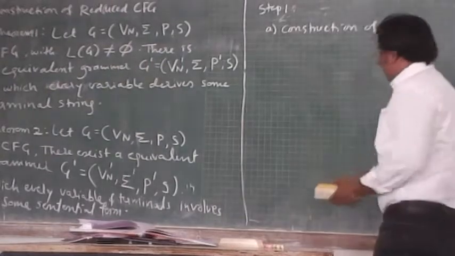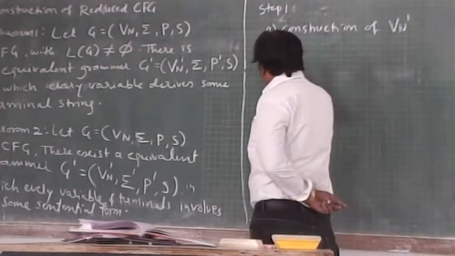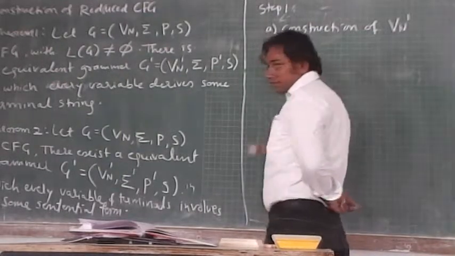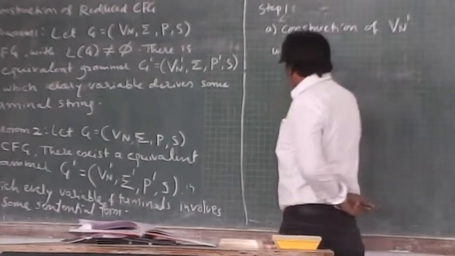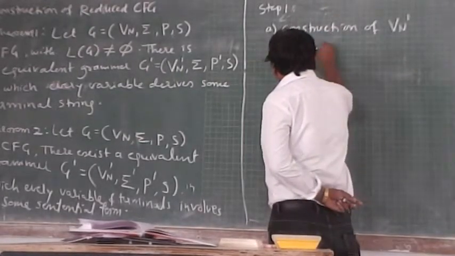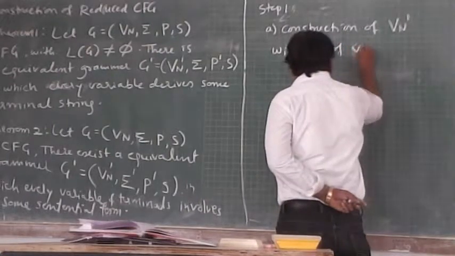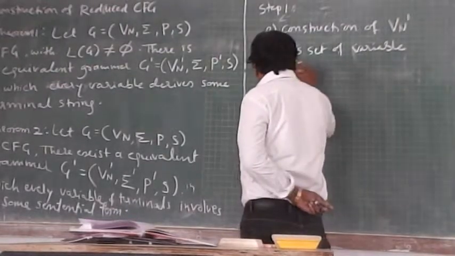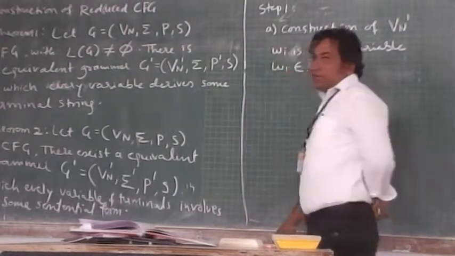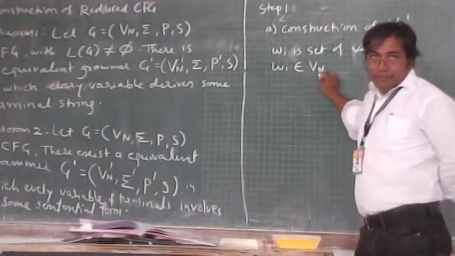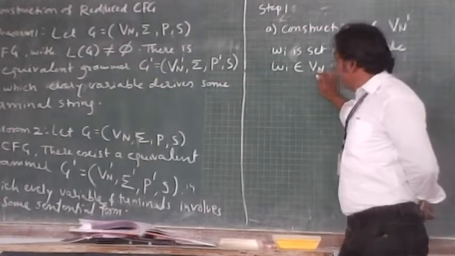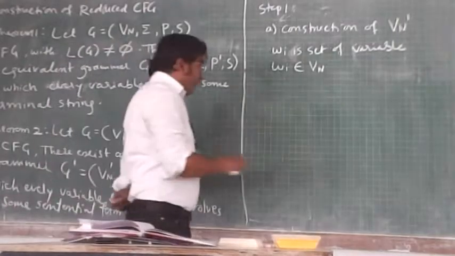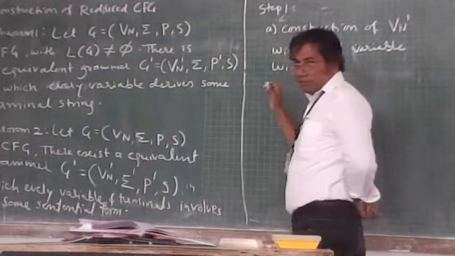We will see first the construction of Vn dash. Wi is the term I am using, which is a set of variables, and Wi belongs to Vn dash. W1 belongs to the set of variables. This Vn belongs to the original grammar given to us, and here we are constructing Wi, which is a subset of this Vn.